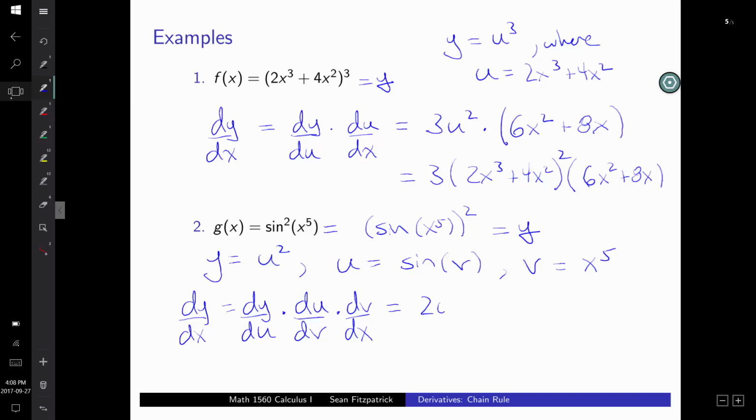The derivative of u squared is 2u, the derivative of sine v is cos v, and the derivative of x to the fifth is 5x to the fourth. But again, we don't want to leave it like that. We've got to get rid of these intermediate variables. What was u? u is sine v, but v is x to the fifth. So 2 sine x to the fifth times cos x to the fifth times 5x to the fourth, and you've got your derivative.